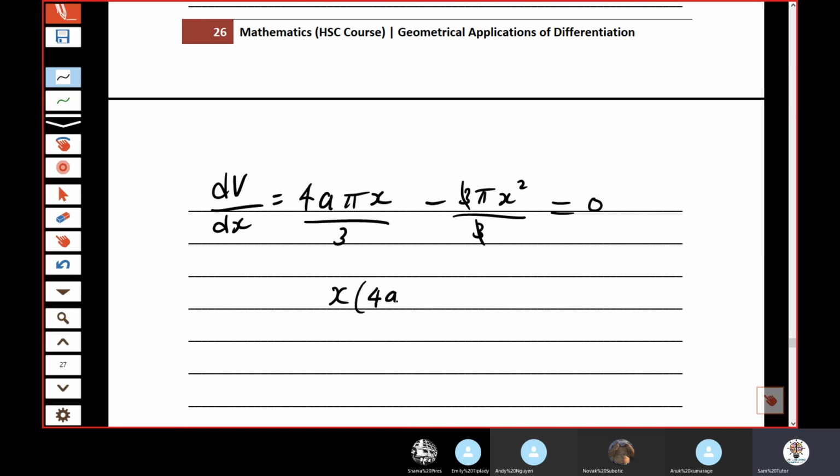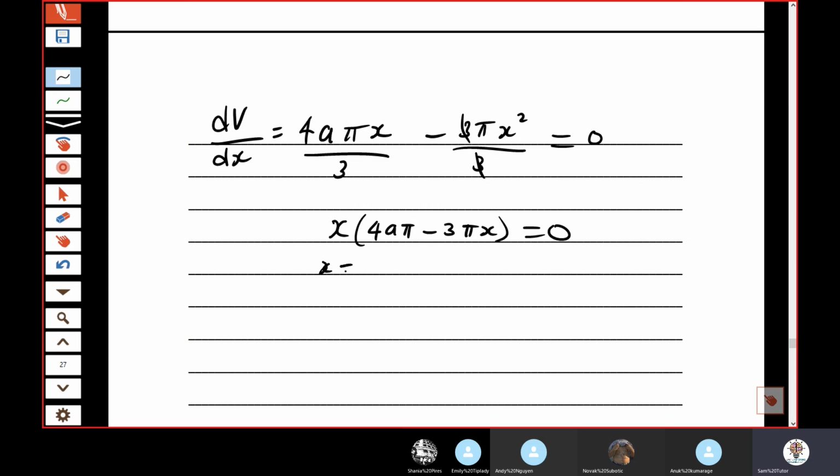So 4a pi minus 3 pi x equals 0. Is that cool? So I times this one by 3 again and factorize the x out. Yep, we're okay with that. If it's too quick, you do it your own slow way, it's fine. Doesn't matter. x equals 0, 4a pi equals 3 pi x. Get rid of the pi, divide by 3 as well. x equals 4a on 3.